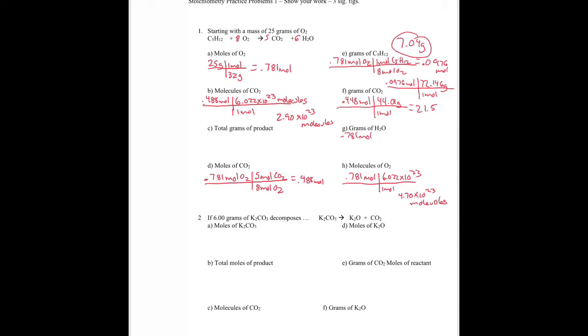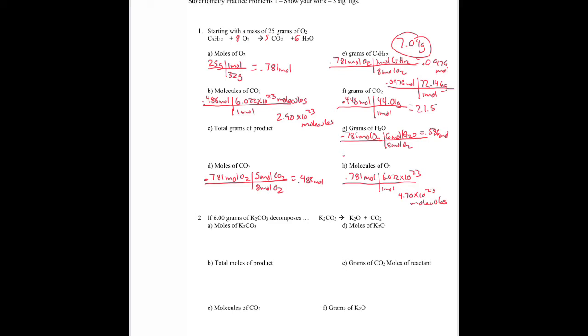And then to find grams of water, I need to first find the moles of it. So I start with the moles of O2, 0.781 moles, multiplied by the coefficient ratio of 6 moles of H2O to 8 moles of oxygen. Then I'm going to find that that's 0.586 moles.